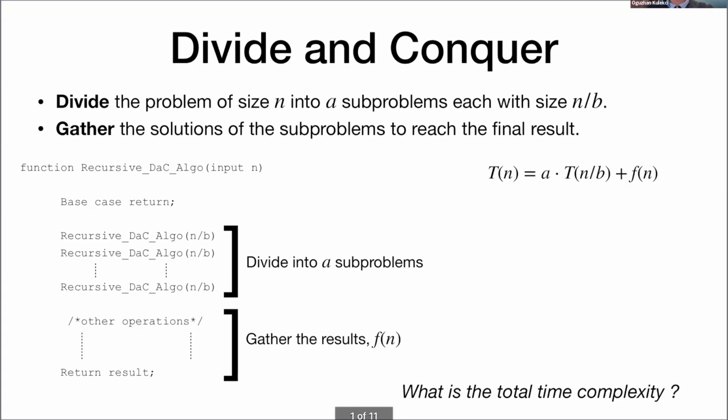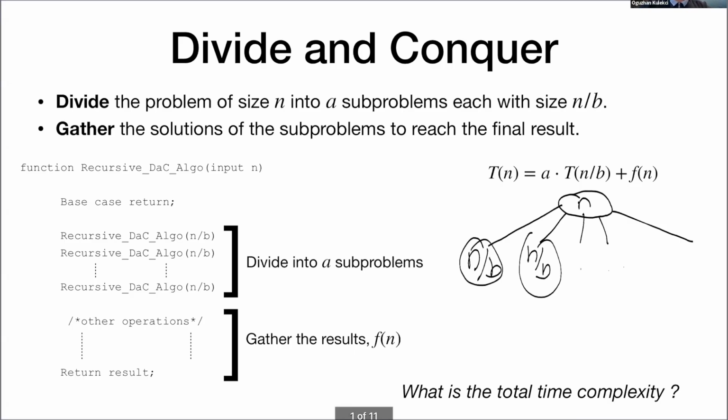With divide and conquer, it is similar, but now instead of having only one subproblem, we will have some number of subproblems. This is my original problem of size n. I will create some number of subproblems, each of them of size n divided by b.